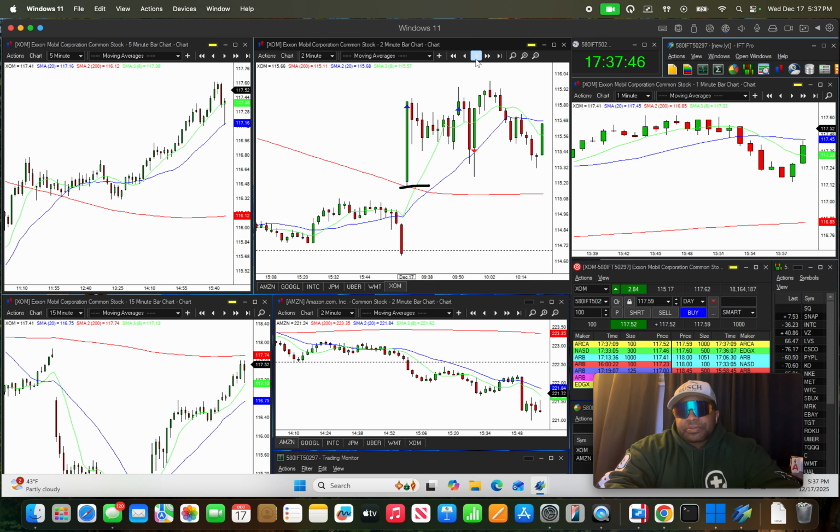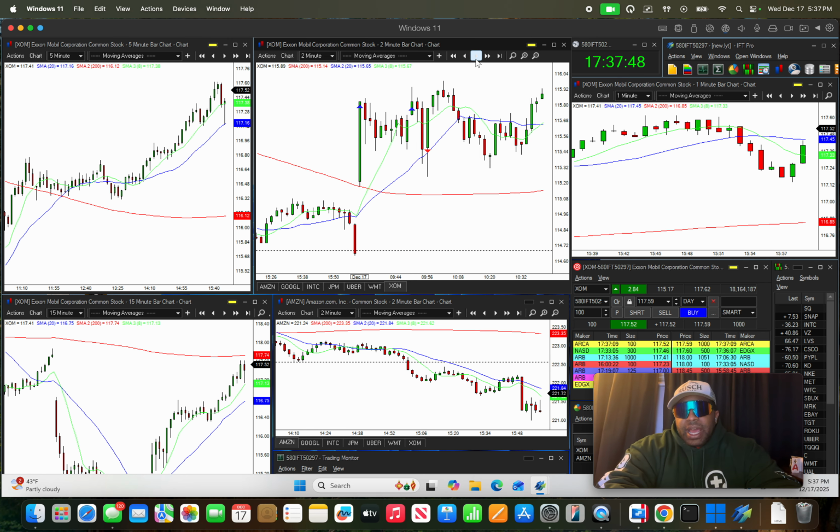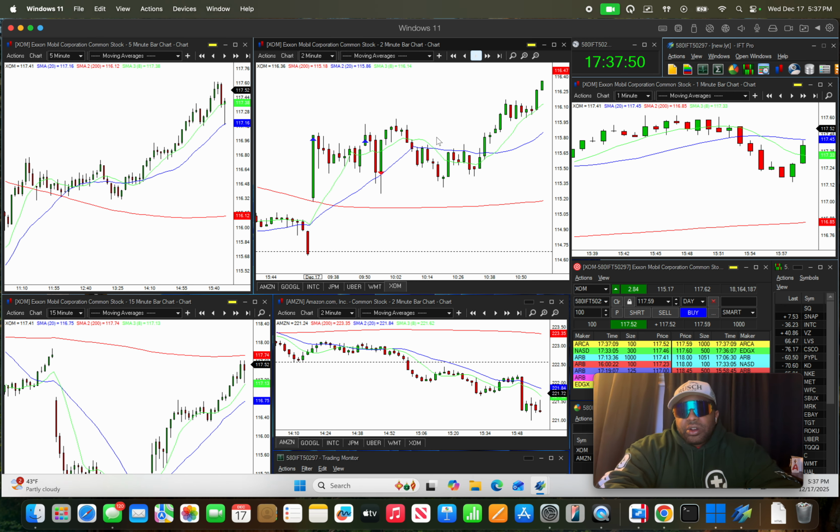But had we left it there, or had we even thought about, hey, what we really want to risk is the distance between here and the 200, and we know power position and just bank on it eventually floating up.